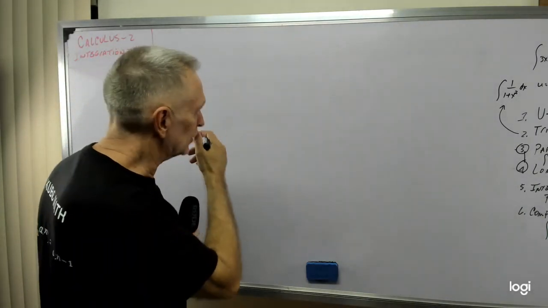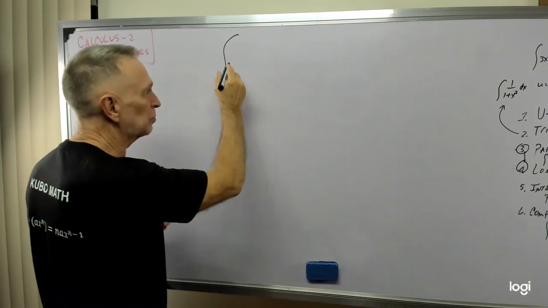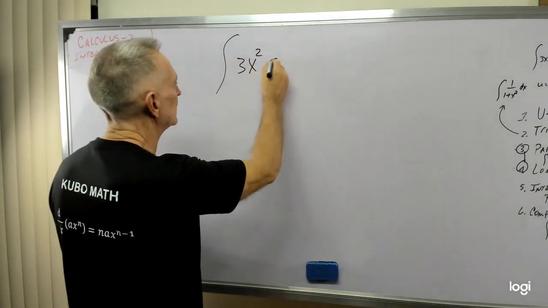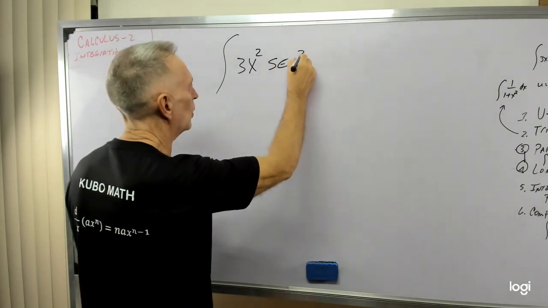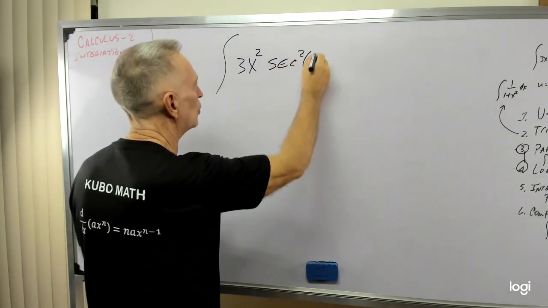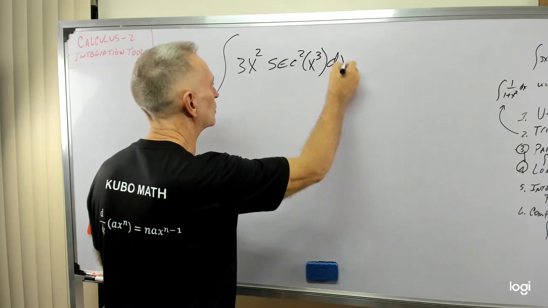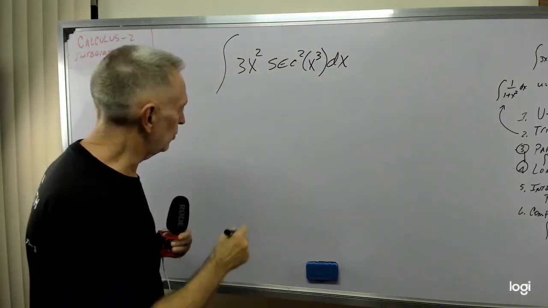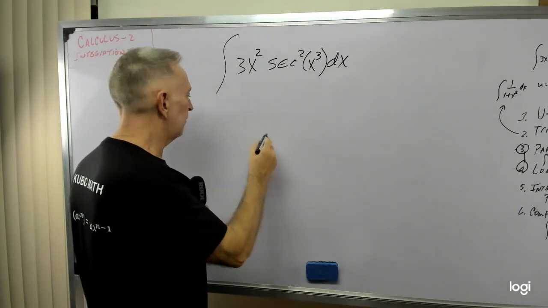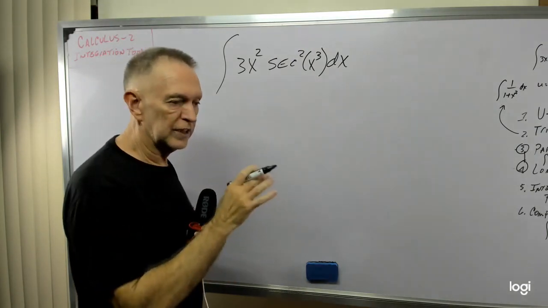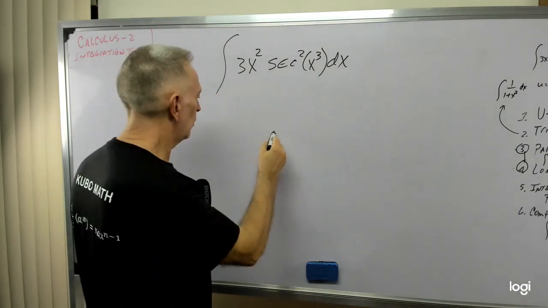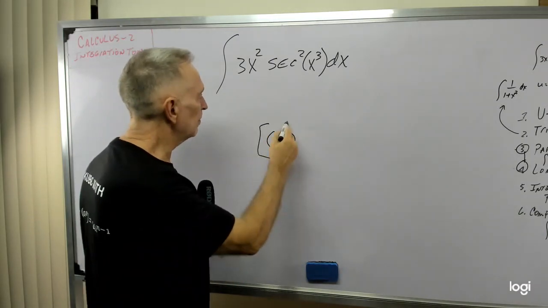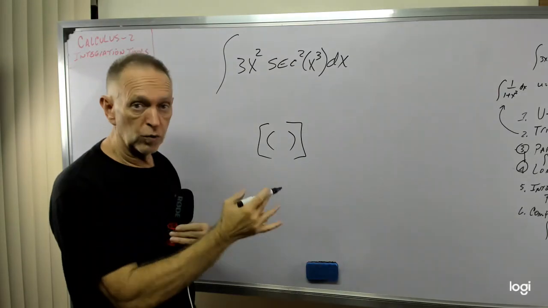Okay, so U-Sub. What do we have in this problem? The integral of 3x to the second power secant squared x cubed dx. Whoa. What to do? You'll recall if we were using the chain rule, we would have an inside function that had some function performed on it.